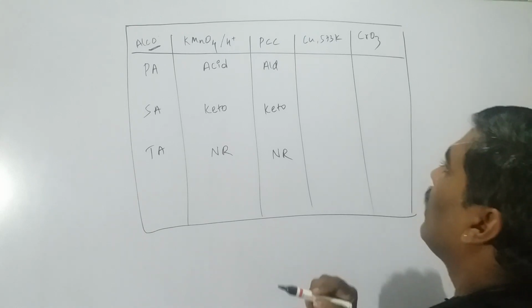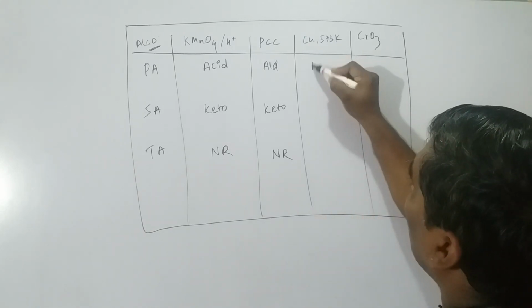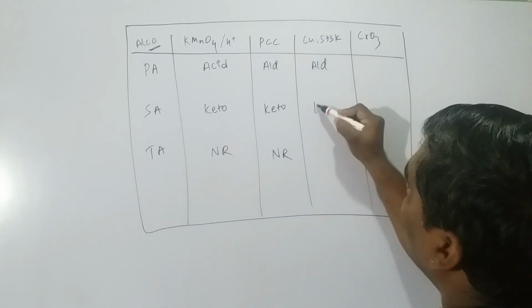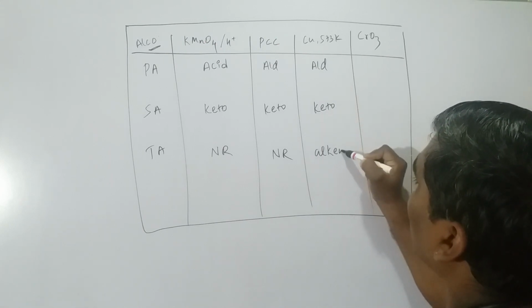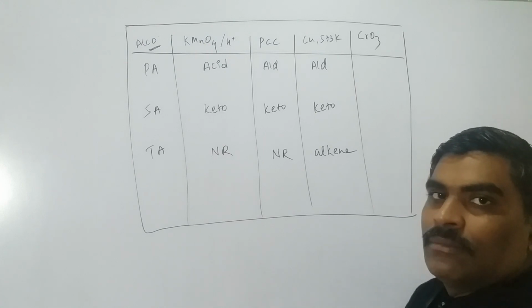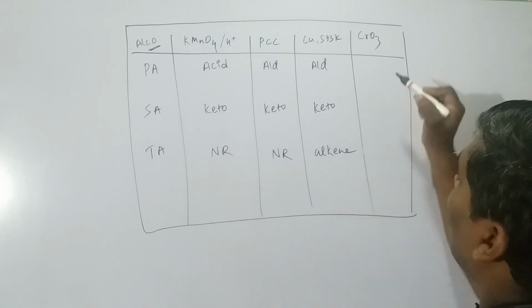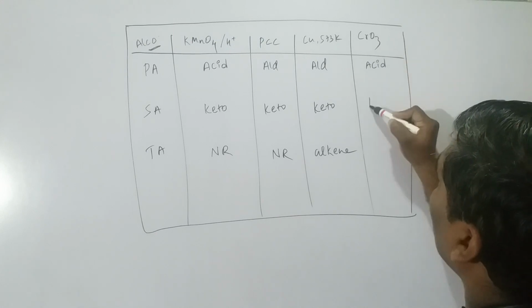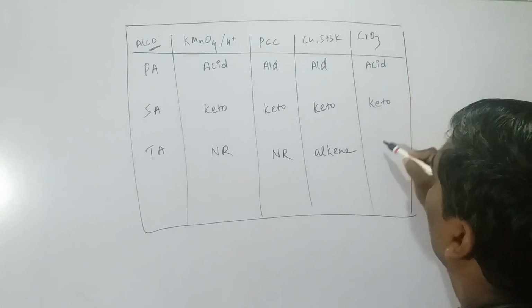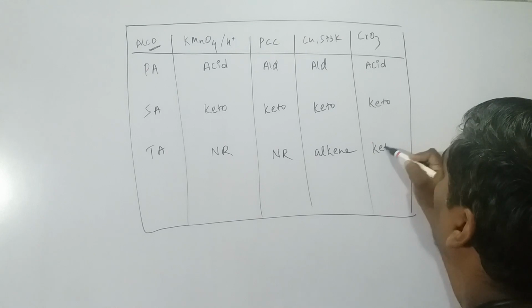For this, again aldehyde is there, here ketone, and this gives alkene. Now with CrO3 you can write carboxylic acid, here ketone, and this gives ketone.